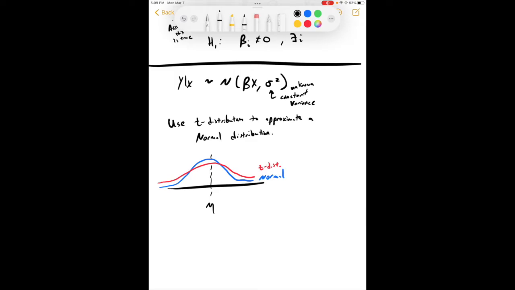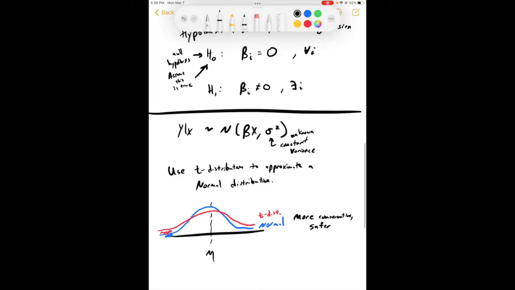And what this does in our hypothesis test is that it puts more, as you can see, more of the probability in the tails here, which is just more conservative or safer. So we're going to use the t-distribution because if the t-distribution gives us a low probability of getting our sample given that the null hypothesis is true, then we can really trust that.